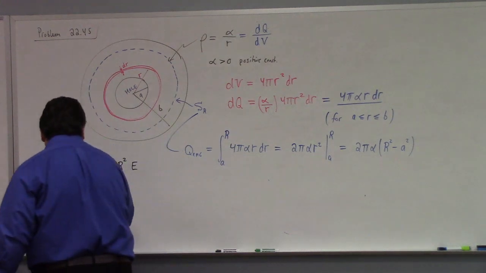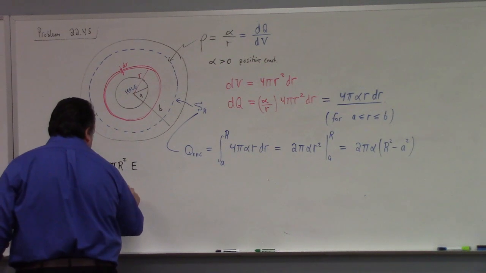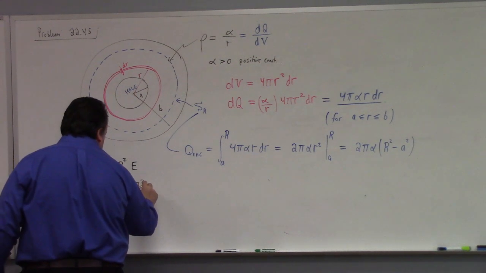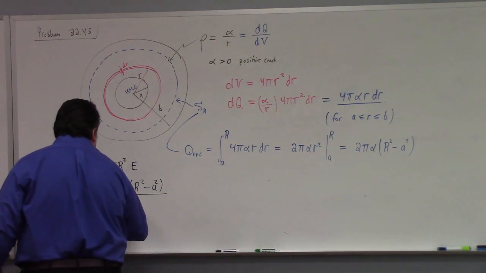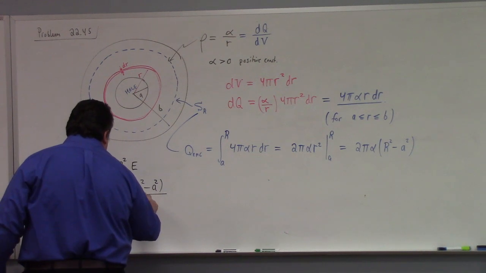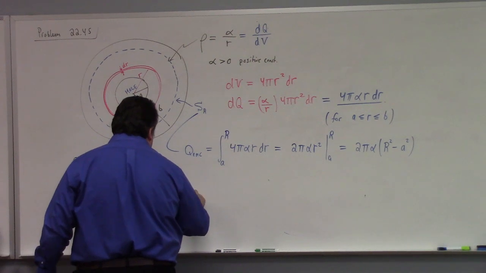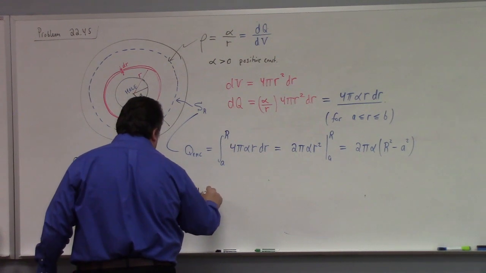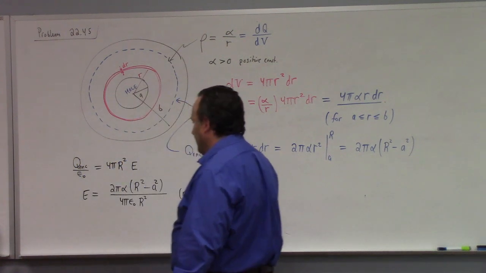We've got the electric field equal to 2 pi alpha times big R squared minus little a squared, divided by 4 pi epsilon naught big R squared. And of course that's radially outward. That's the magnitude.